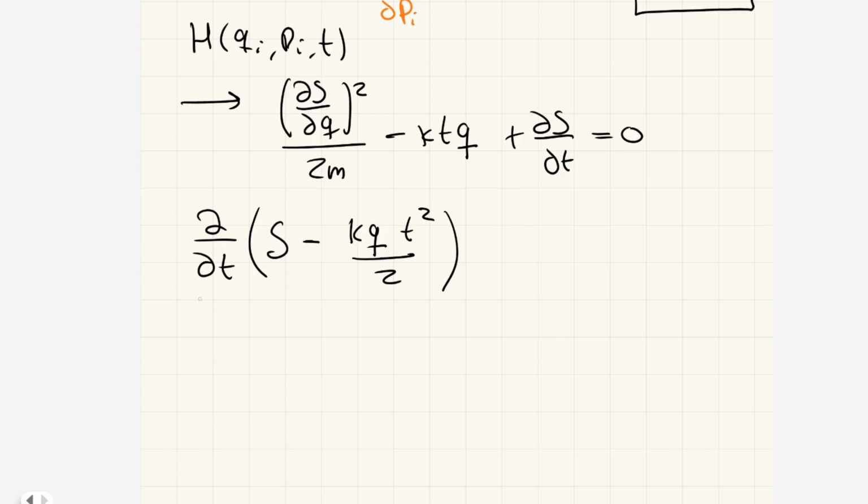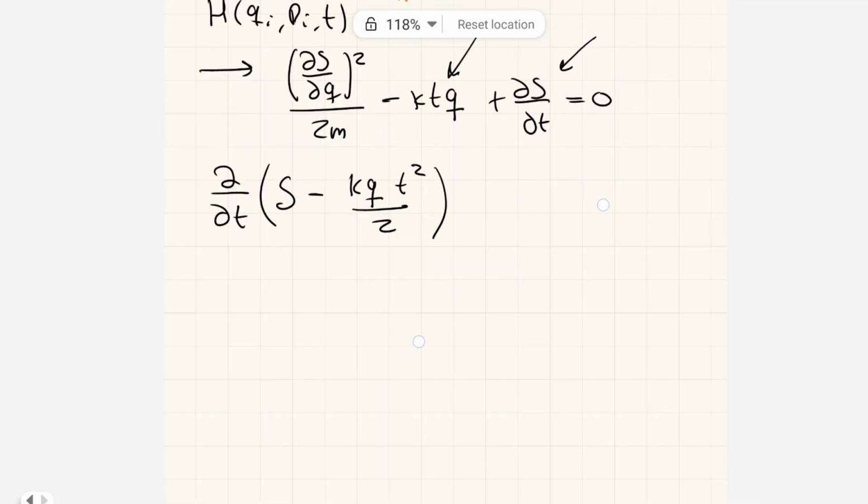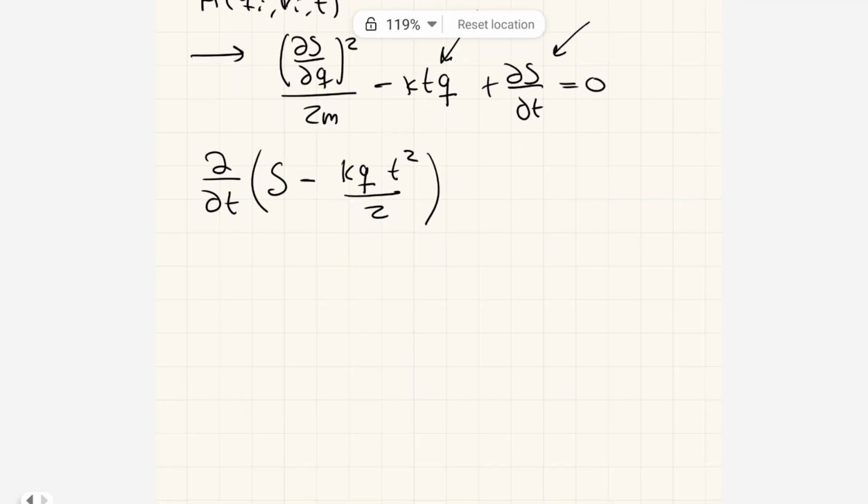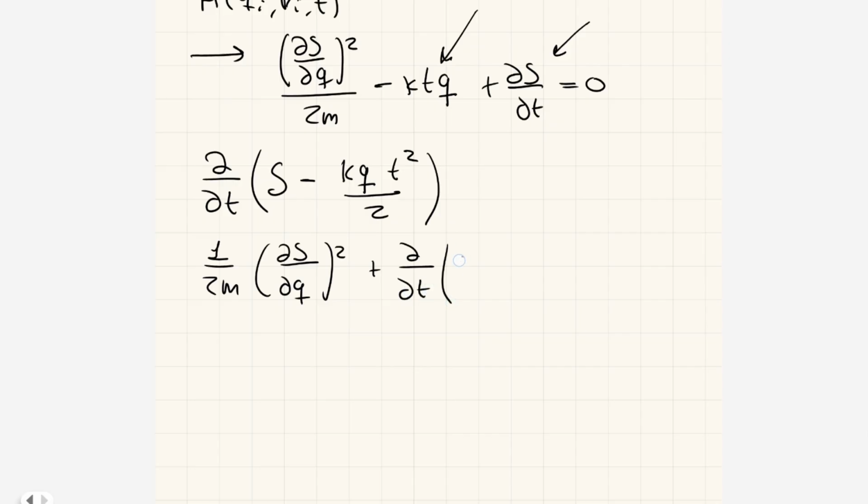Because if we take the derivative with respect to time of S, we get this element, and the derivative with respect to time of this, we get what we have here. So we can rewrite the Hamilton-Jacobi equation as 1 divided by 2m, the partial of S with respect to Q squared, and then plus the partial with respect to time of S minus KQT squared divided by 2 equals 0.